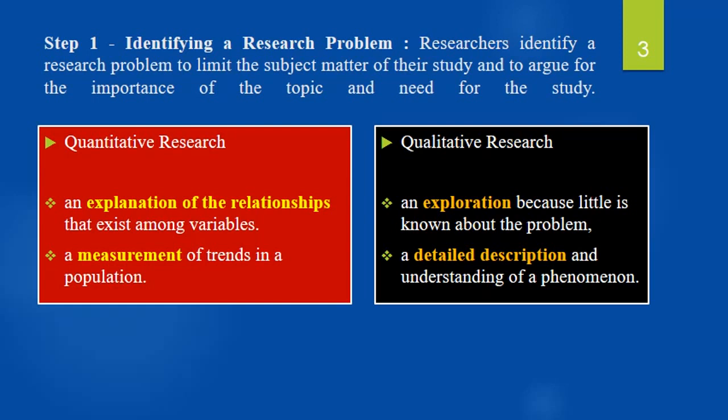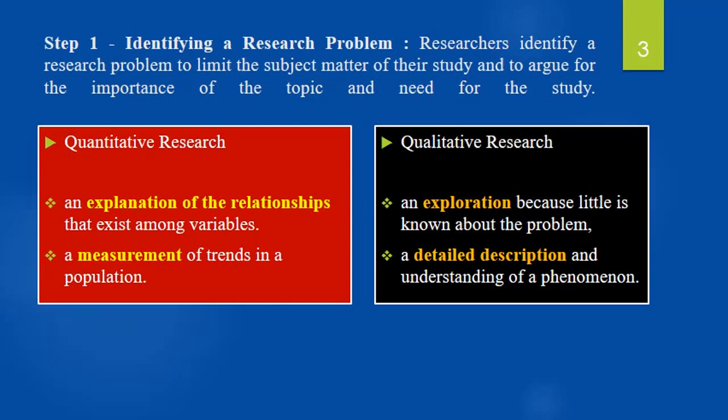Therefore, in quantitative research, researchers identify research problems that call for an explanation of the relationships among variables. Quantitative researchers also identify research problems that call for the researcher to explain the trends in a population.